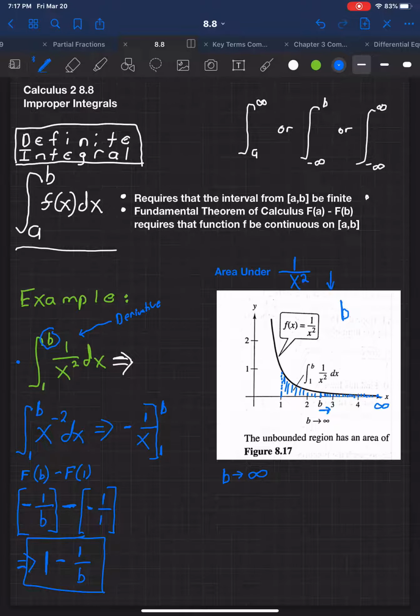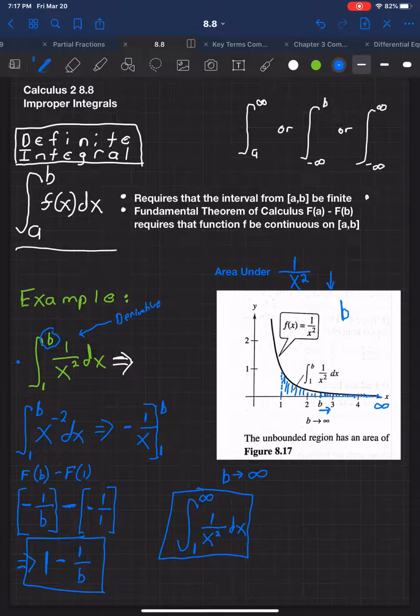So here is the good news. First, let me rewrite the question. So remember, we started off with b as just some constant, but you insisted that you weren't satisfied with the area from 1 to b. You wanted the area from 1 to infinity, right? The entirety of the area. And here is the gist of this section. So how do you answer this question right here?